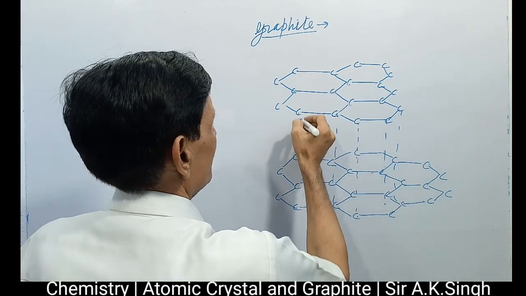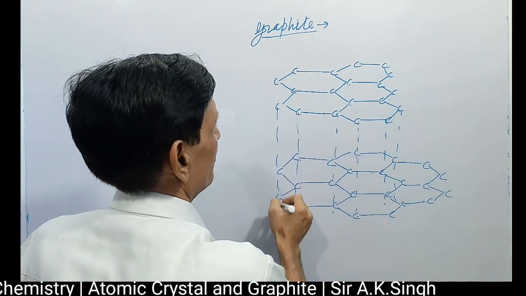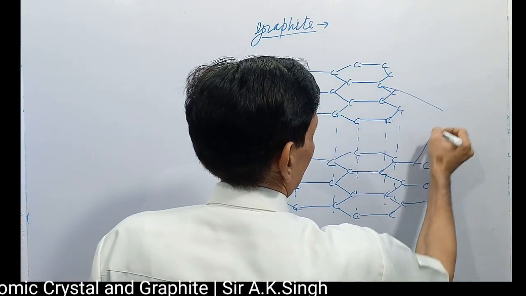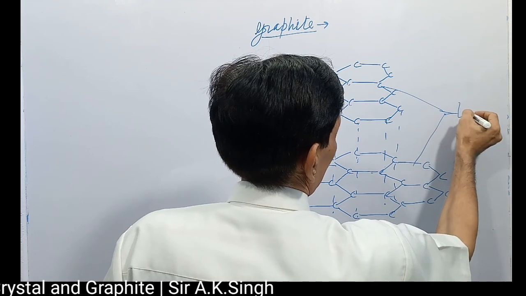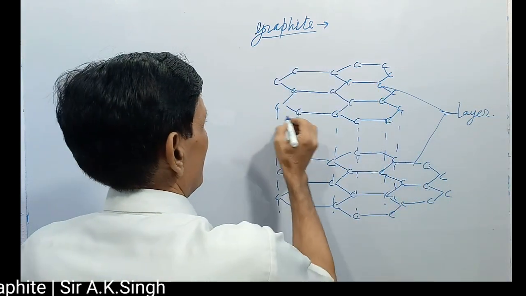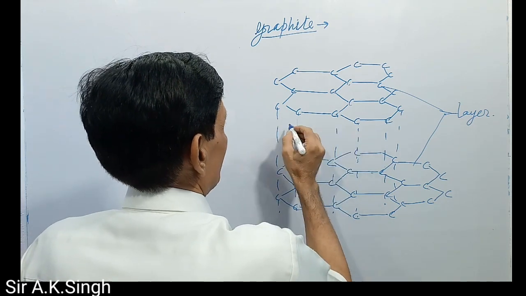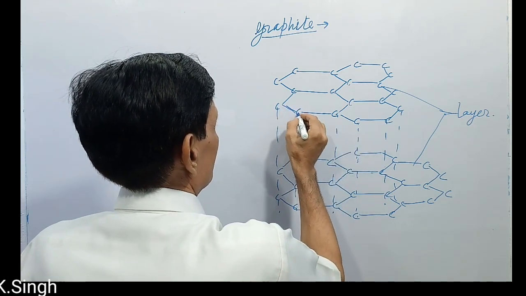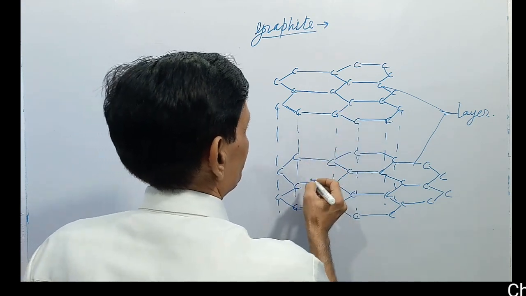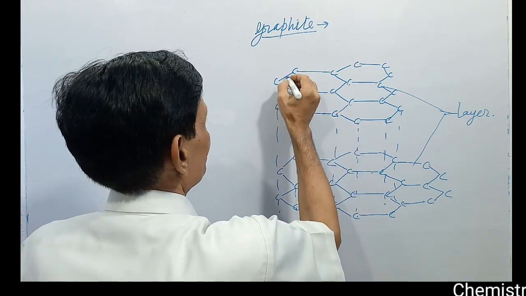These forces are there between the layers of graphite. These are the layers or sheets containing hexagonal rings, and this is the space between them.